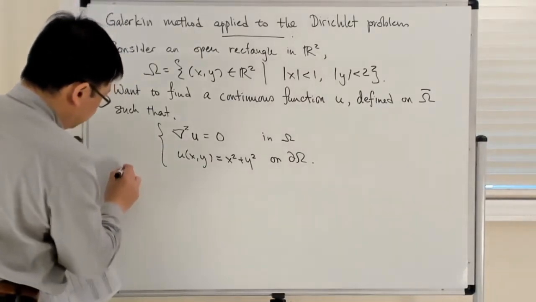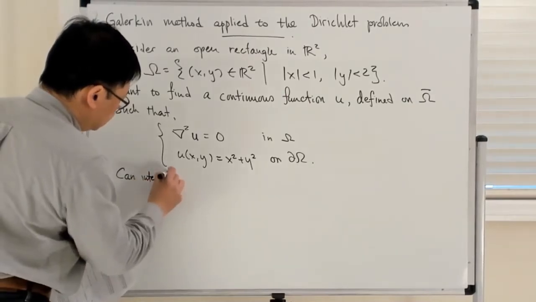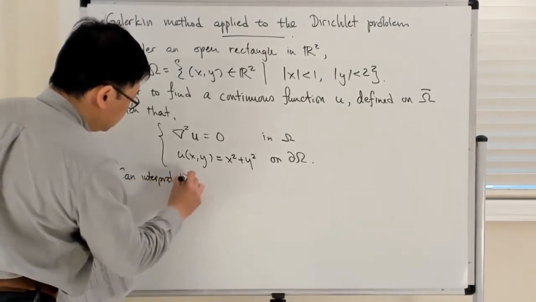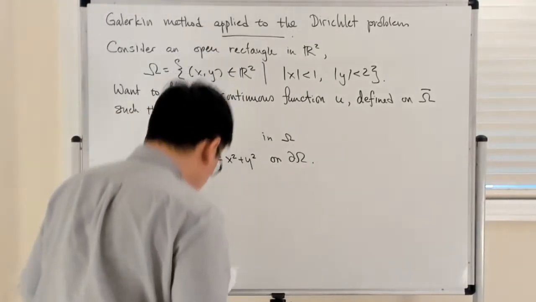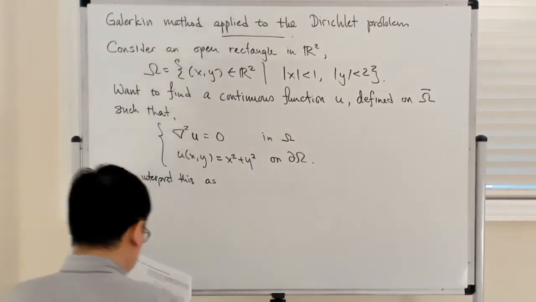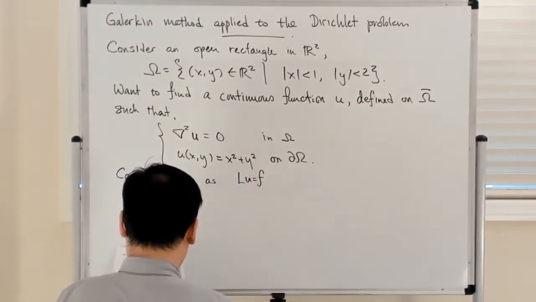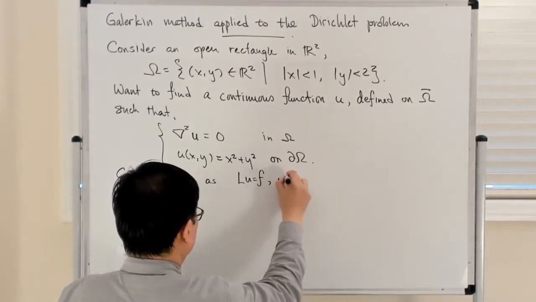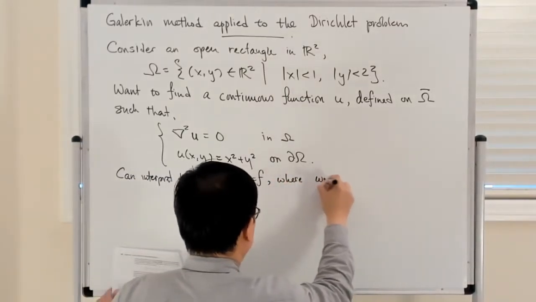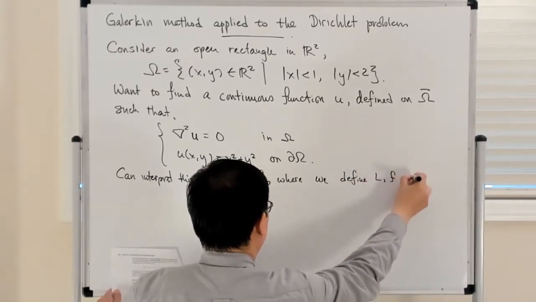So you can interpret this as a linear operator Lu equals F, where we define L and F as follows.